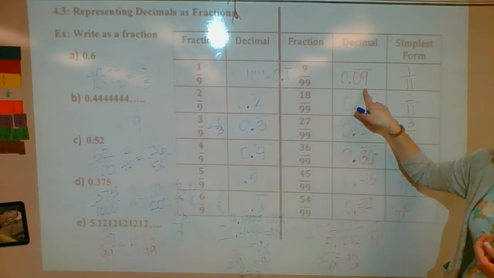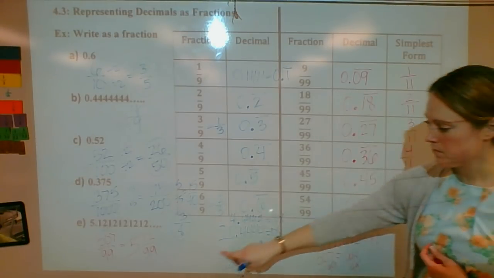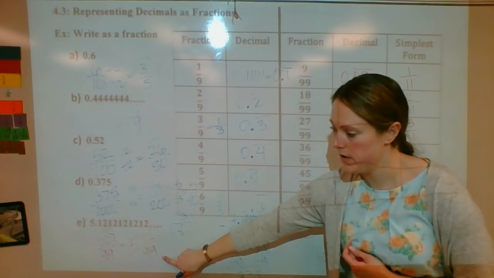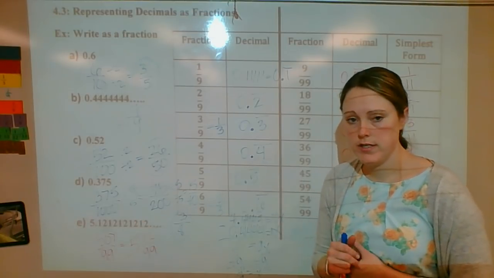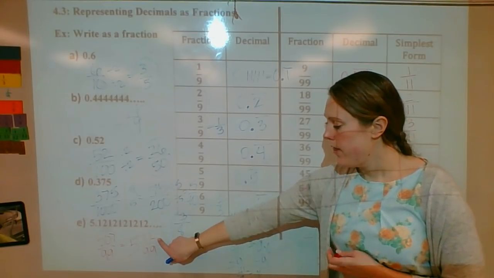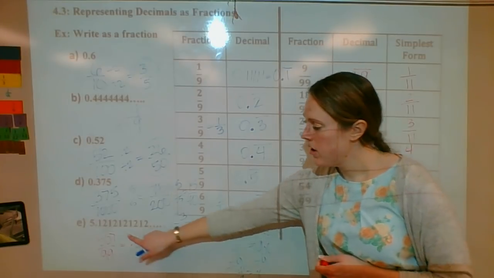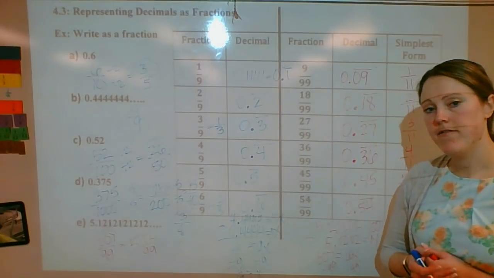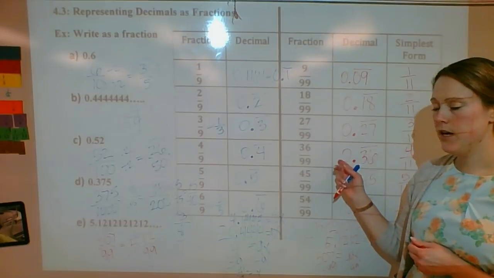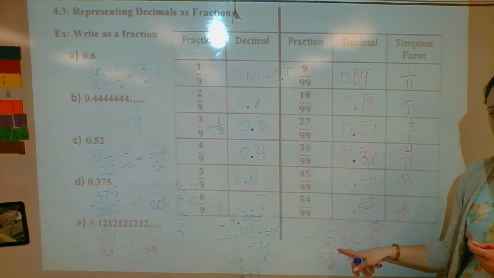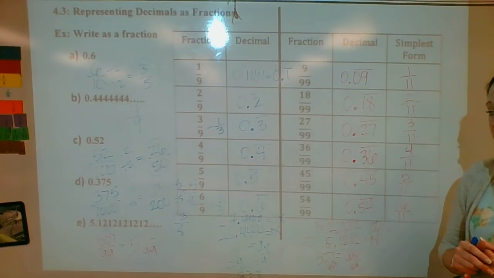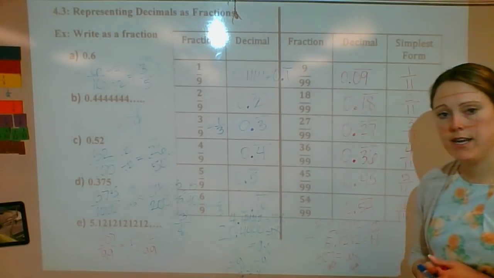I was looking for something that had 2 digits to repeat. So my final answer ended up being over 99. And since my 2 digits that were repeating were 1, 2, that's my 12 over 99. That whole number 5 shouldn't be affected. So whether you solve it from your table or whether you solve it based on the equation, if there's something out in front of my decimal, that whole number should stay out there in front.